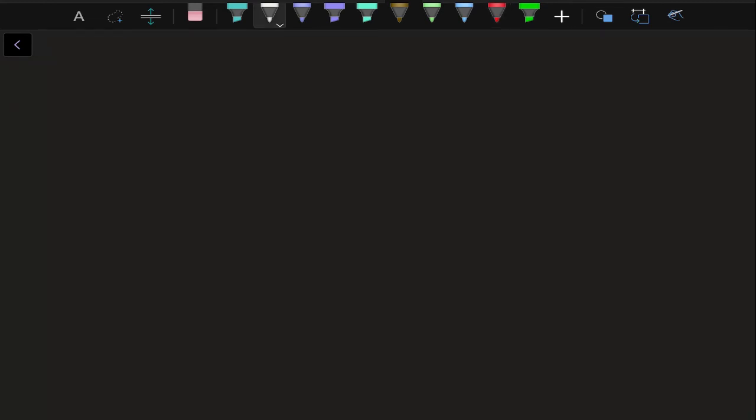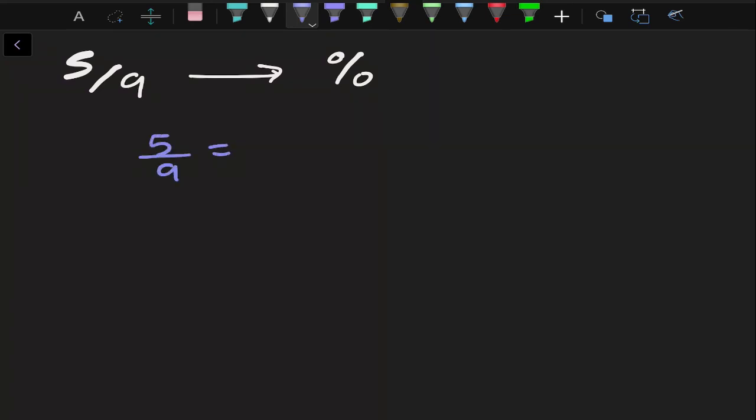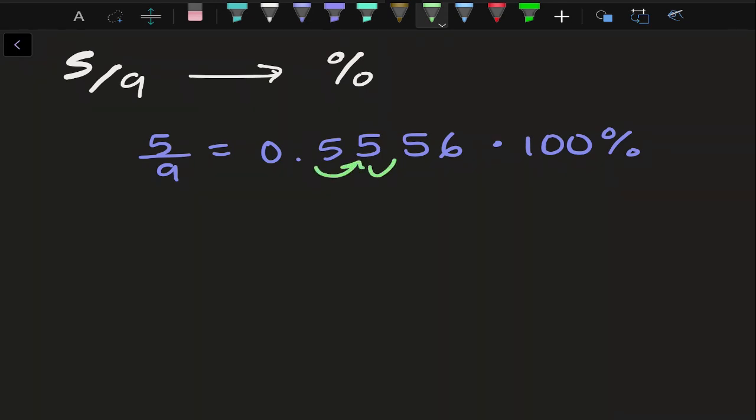Our next example is going to be 5 over 9 to a percent. Now again, doing it the first way, 5 over 9 is equal to 0.5556, if we multiply that by 100%, take that decimal and move it twice, and we get an answer of 55.56%.